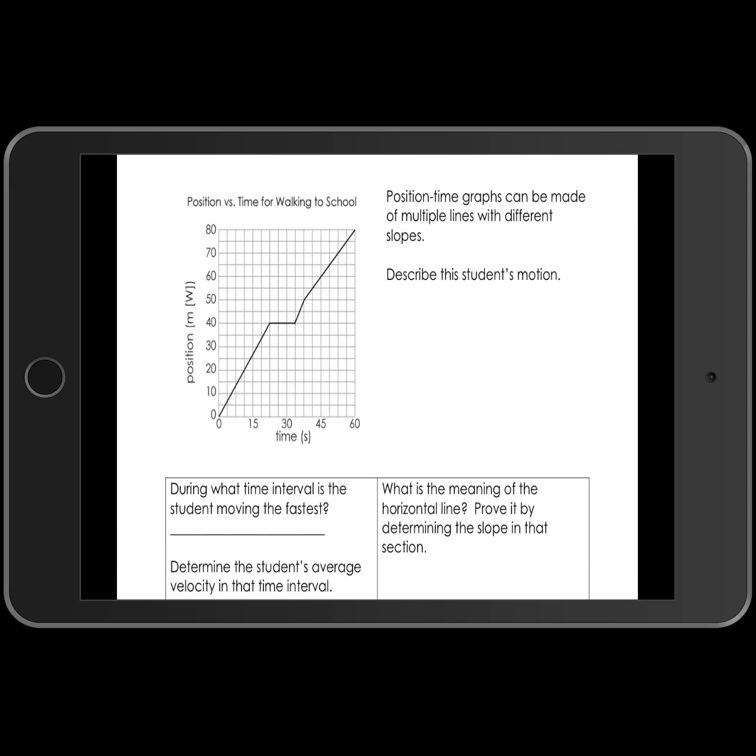Okay, so a position versus time graph can be made of multiple lines with different slopes. If we look at this one, we can describe the motion of this student who is walking. For the first part of the walk, we have this line here.